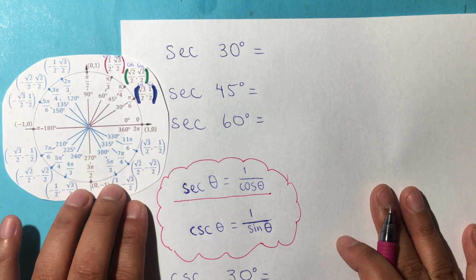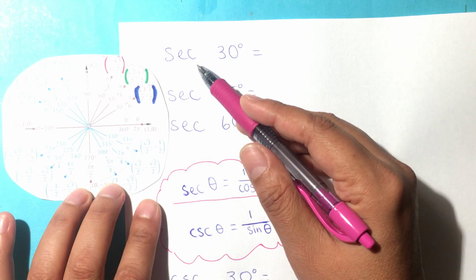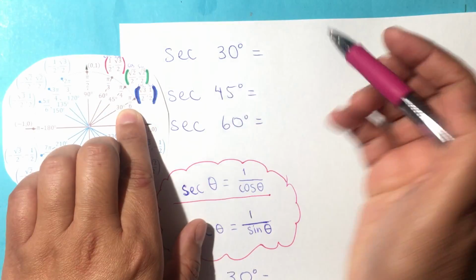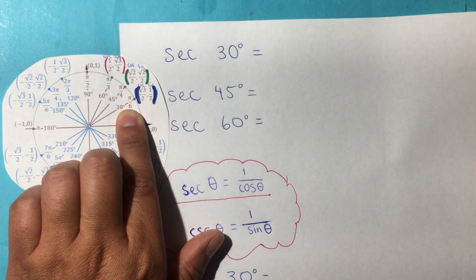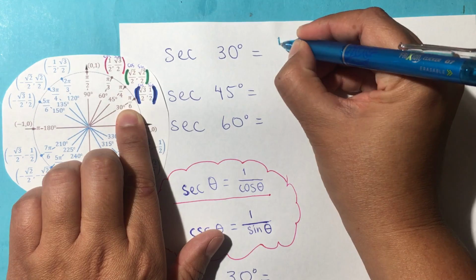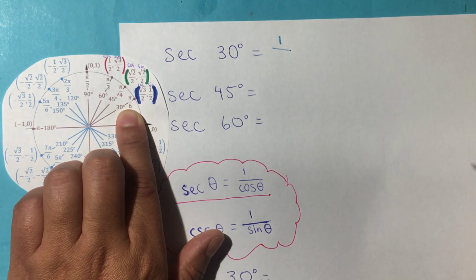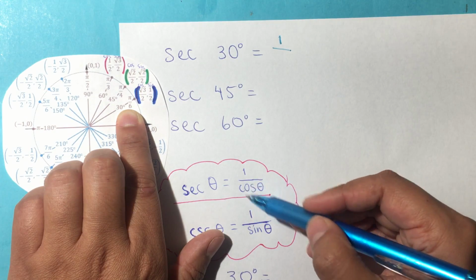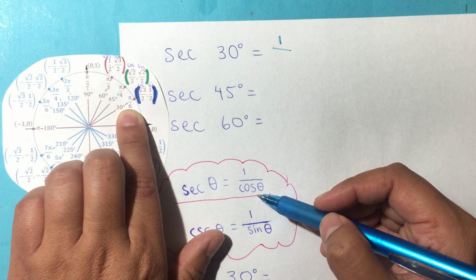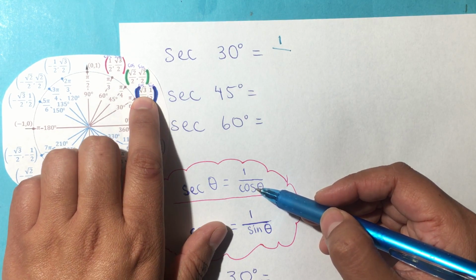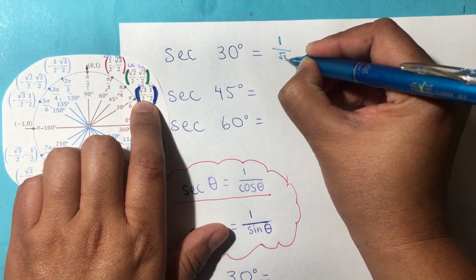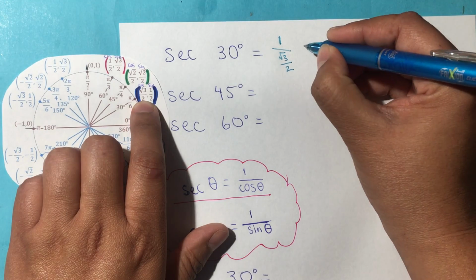Secant of 30 is 1 divided by cosine. For the secant, it's cosine. Cosine is the first value, which is the square root of 3 over 2.